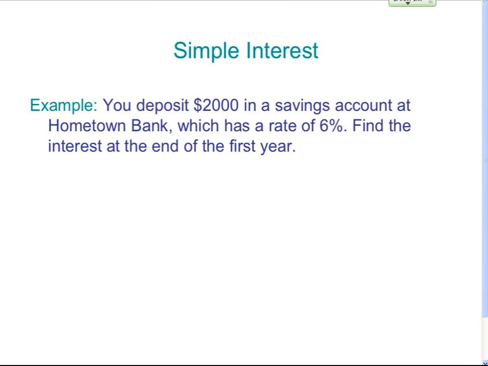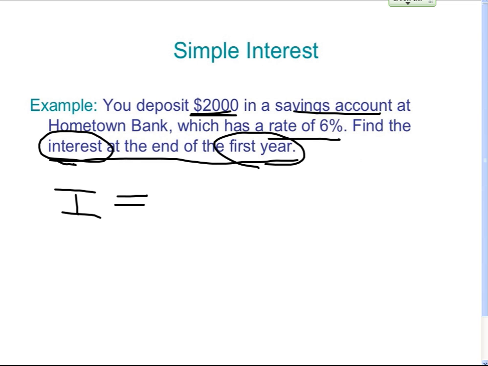So let's suppose you deposit $2,000 in a savings account and it has an interest rate of 6%. Find the interest at the end of the first year. Okay, so we're just looking for the interest. So interest is equal to the principal times the rate times the time.